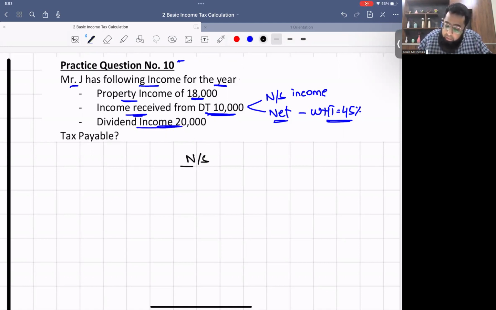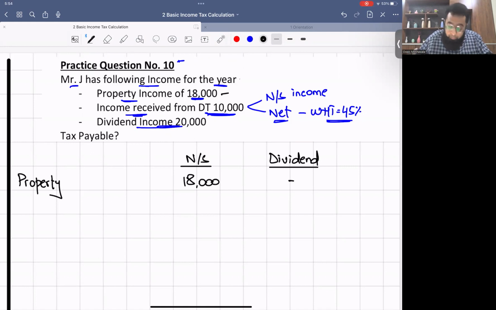We will classify the incomes, non-saving, and the second column is dividend. Okay. Property income. It is 18,000, goes in the head of non-saving. Discretionary trust, 10,000. 45% is the withholding tax.